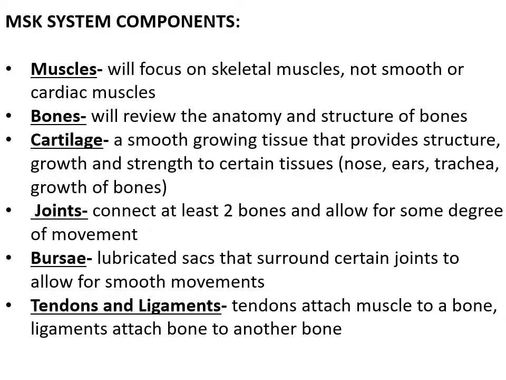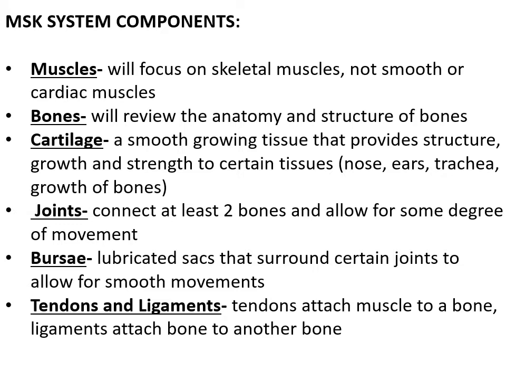Okay, so when we're thinking of the musculoskeletal system, here are the different components that we're going to review and then discuss different conditions. So the skeletal muscles will be the main focus in terms of muscles. Yes, there's cardiac muscle and there's smooth muscle. We're not going to focus on those in this module very much at all.